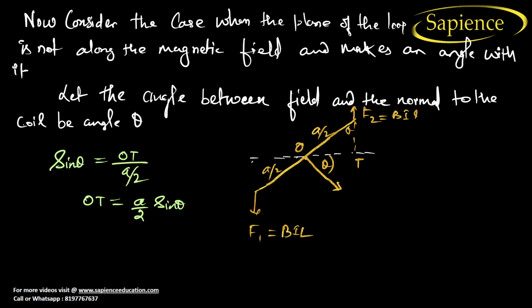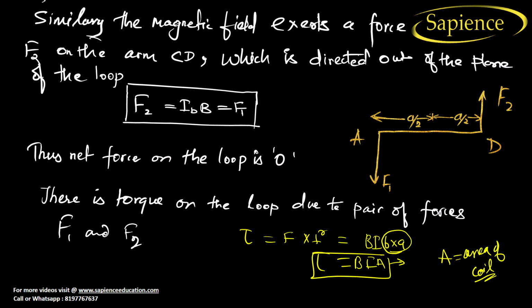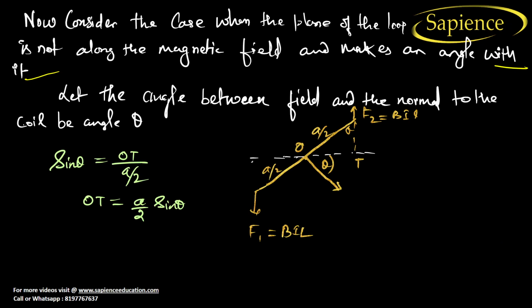Now consider the case when the plane of the loop is not along the magnetic field and makes an angle with it. It is not always perpendicular. It may make an angle, so let us consider this is making an angle theta. So let the angle between the field and the normal to the coil be theta. So sine theta is equal to how much?